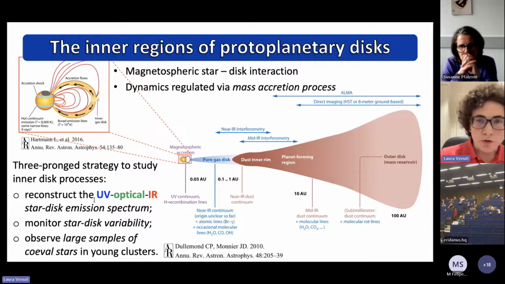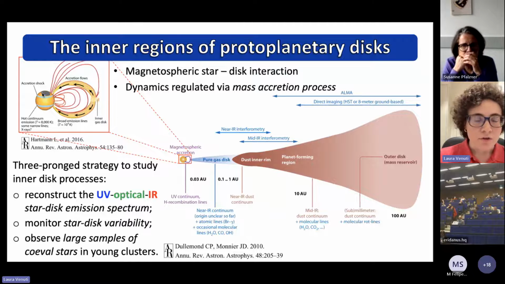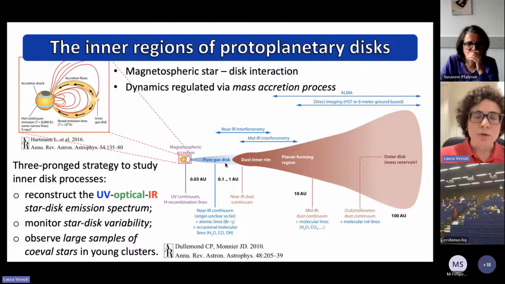If we combine UV observations of the star-disk system with optical observations that help us trace the photospheric properties of the star, and then infrared observations that allow us to trace the thermal emission from warm dust in the inner disk regions, then we are able to reconstruct the emission spectrum of the star-disk system, and you can use this information to classify the evolutionary stage of the star and determine its fundamental properties.